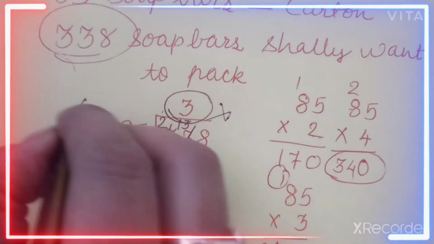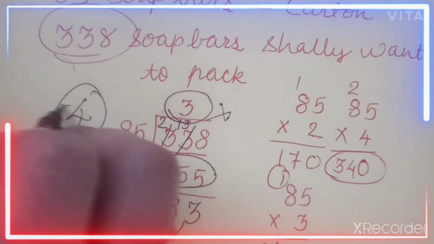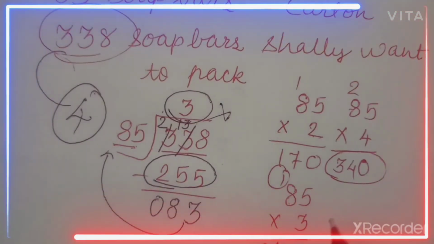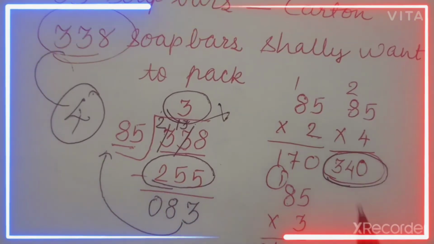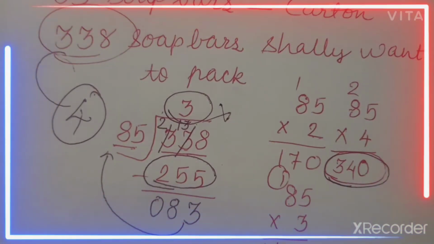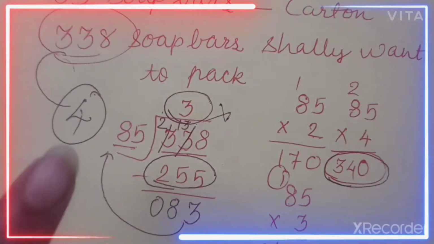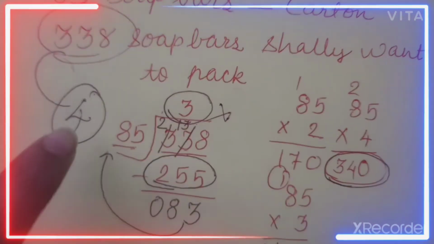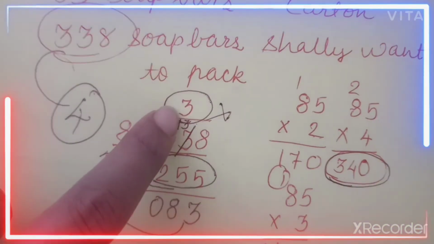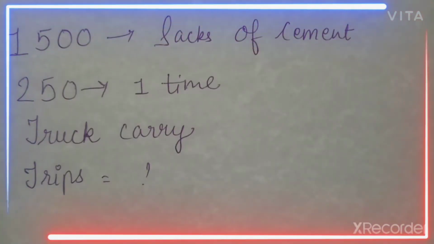If we take 4 cartons, then we can pack 338 soap bars like this. So Shelly wants to pack 338 soap bars. So Shelly needs how many cartons? 4 cartons, not 3 cartons.